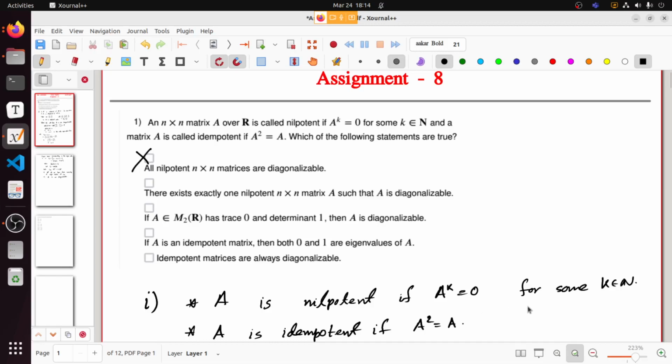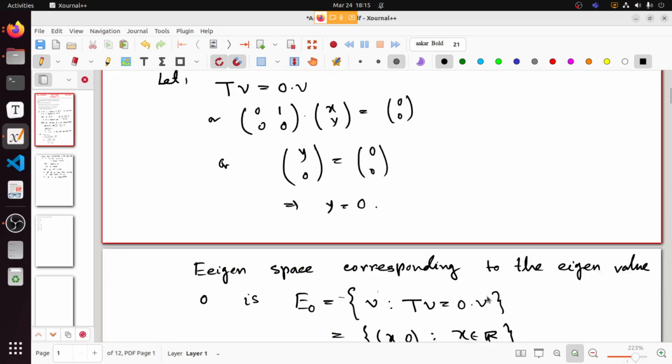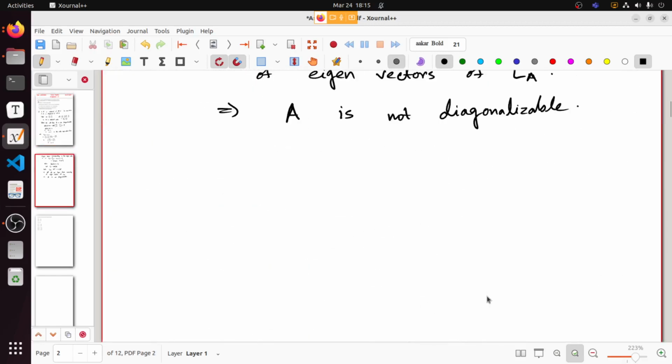Right. So come to the next option. What is it saying? There exists exactly one nilpotent n cross n matrix A such that A is diagonalizable. Right. So we will prove that this is true, meaning the only nilpotent matrix which is diagonalizable is the 0 matrix. So let's prove this. This is option number 2. What will we prove?